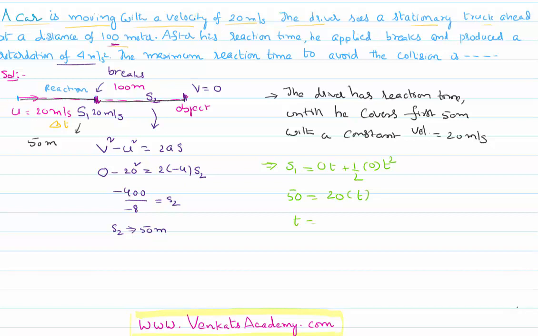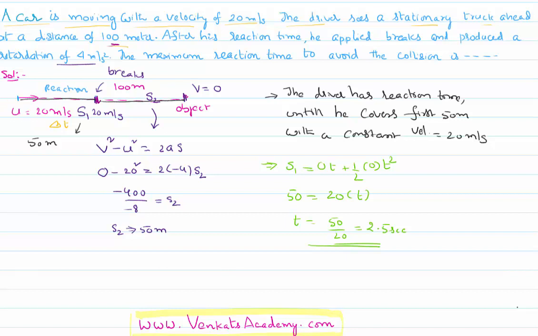So his reaction time t is 50 by 20, or 5 by 2, or 2.5 seconds. So this guy can safely take a maximum reaction time of 2.5 seconds and then start applying the brake, so that he will go to a distance of 100 meters and stop just before hitting the object.